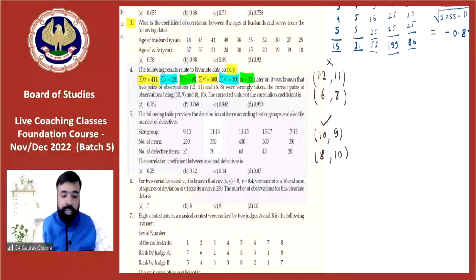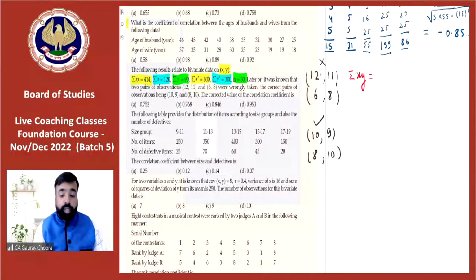So let us start doing correction. First is sigma xy. The given value was 414. Now, from wrong pairs, we can calculate xy and then subtract. So the wrong pair was 12, 11. Find x into y. So 12 into 11 is 132. 6 into 8 is 48.